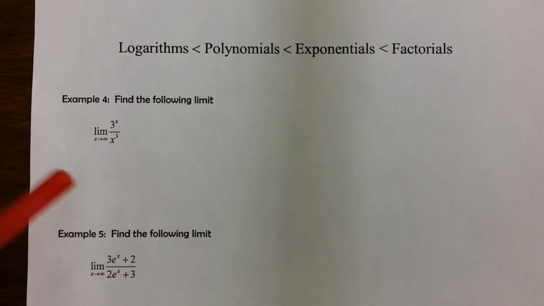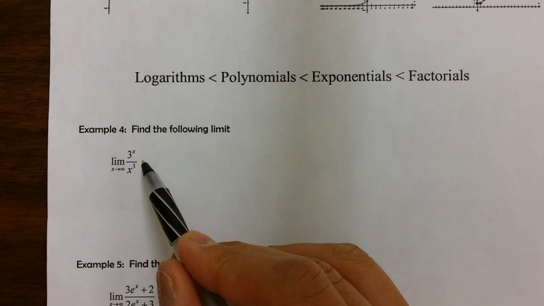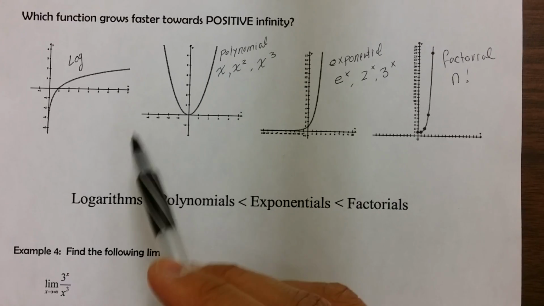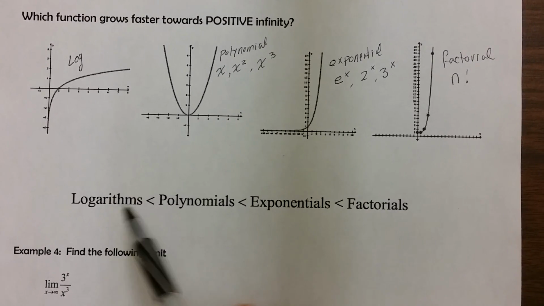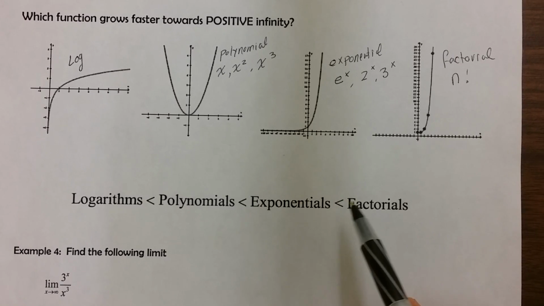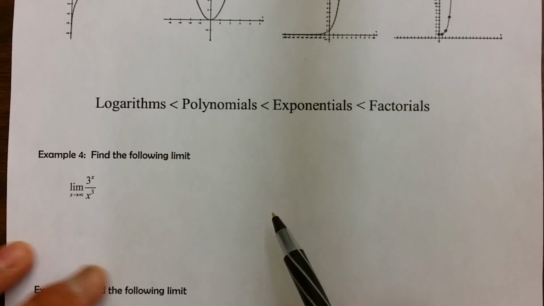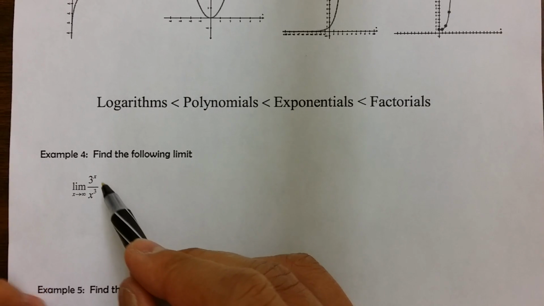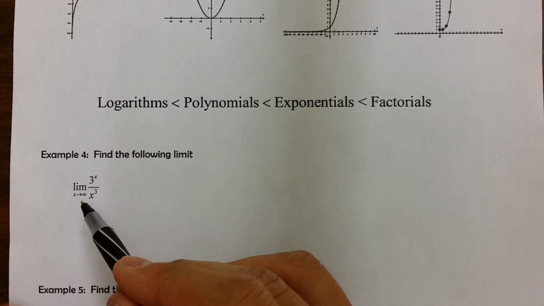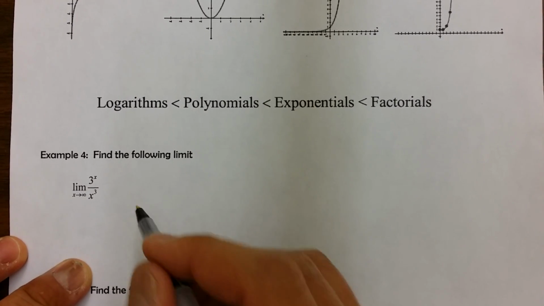So we're going to have a mixture of polynomial and non-polynomial. The way we find the limit for these is we analyze their growth rate. Remember, log grows the slowest, and factorial is the fastest. Because I want to know how this function behaves at infinity, I need to study its growth rate.